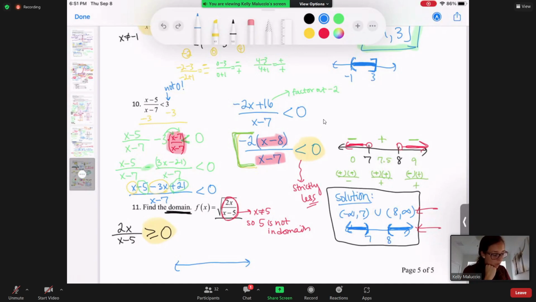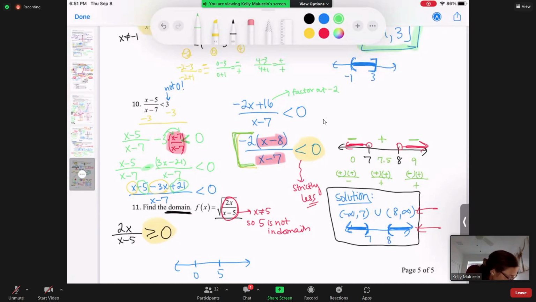Because you might already know this has to be bigger than or equal to 0, if you just do the line, your critical points are 0, because that's when the numerator is 0, and 5. So you could say 0 and 5, and then you could just get right to it, right? Yeah, that's fine.